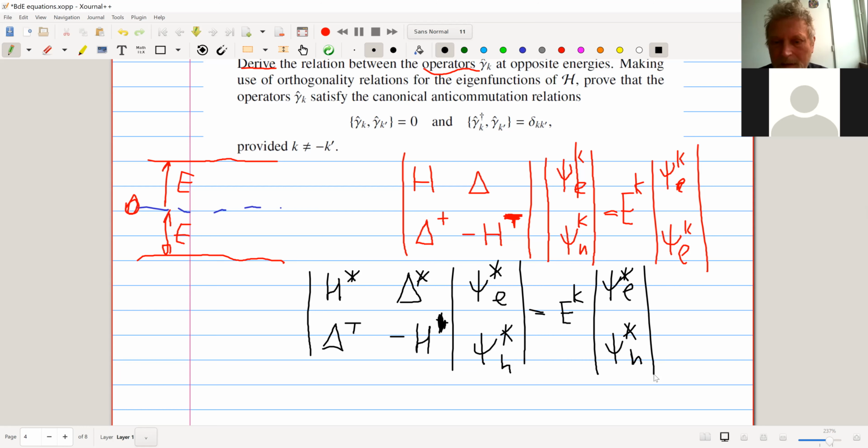I need to transpose indices. I can do this by multiplying everything with a matrix which does it. This matrix is a unity matrix. I have to do it here and here because I also have to transpose electrons and holes here.